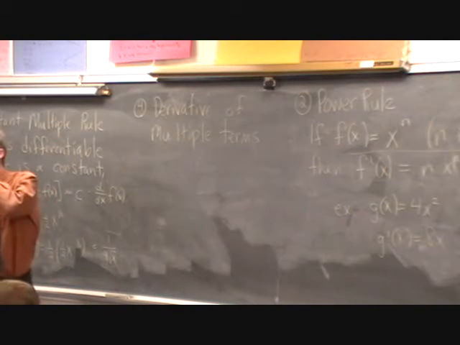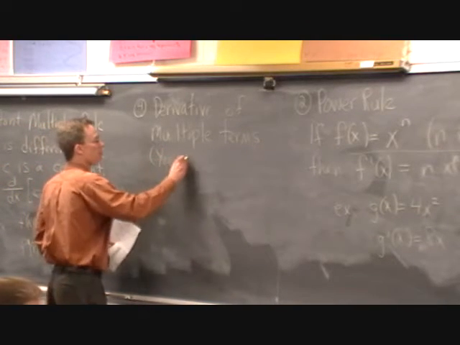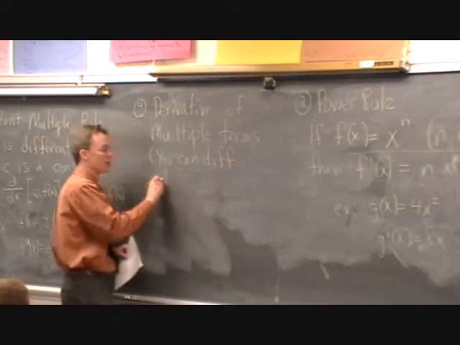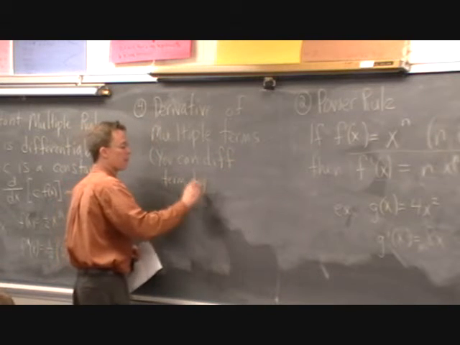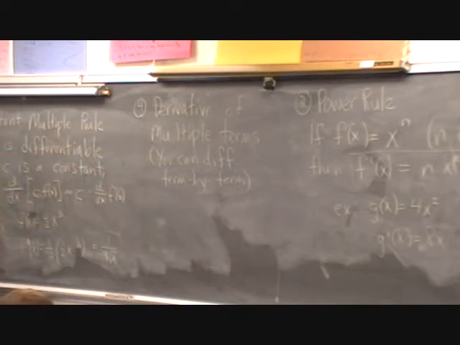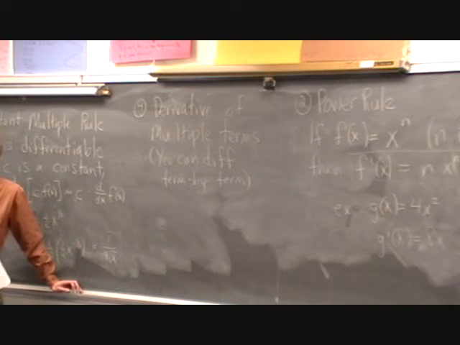The derivative of multiple terms, what this means in plain English is you can differentiate term by term. Take the derivative of each term in a polynomial, and you've successfully taken the derivative of that polynomial.